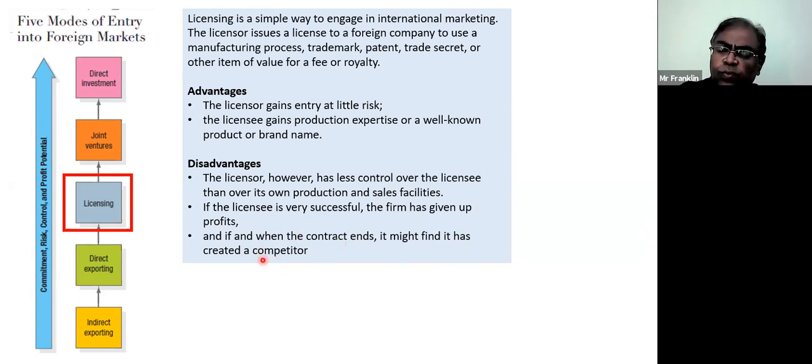Now, a lot of times what happens, especially in F&B, if let's say you end the contract, what happens? They open up a new one. You remember the time of Tea Life? Remember Tea Life? At one time there was Tea Life, right? Tea Life was very popular in Malaysia. Everywhere they expanded very fast.